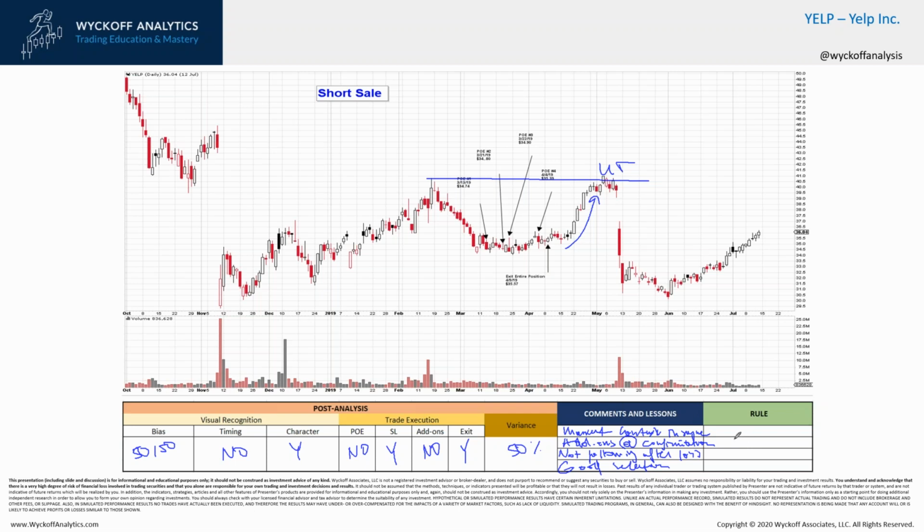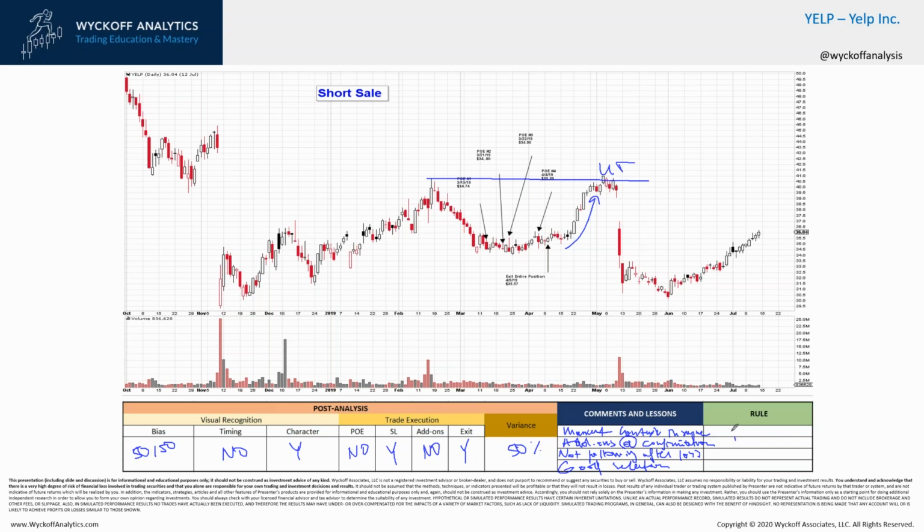Well, with a short sale, you must trade with the overall market. You must be aware that you can't enter a short sale in an uptrend. You talked about that several times during this discussion.